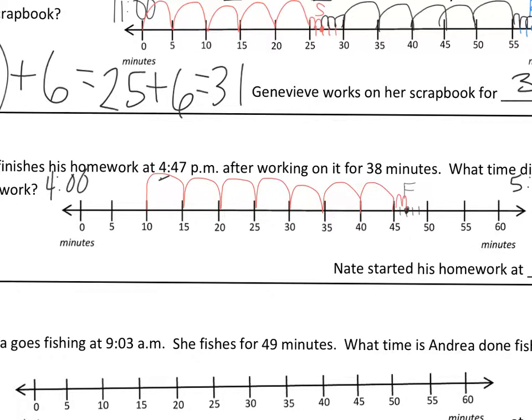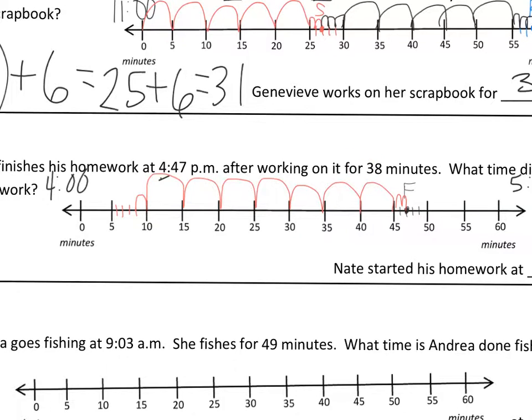Now I only need 36 minutes, so I don't want to go past 35. So I'm going to make my lines and take one small jump to get 36. So all together I have 5, 10, 15, 20, 25, 30, 35, 36, 37, 38.